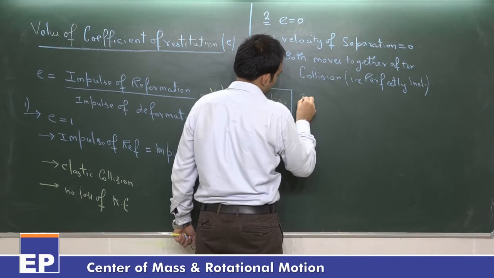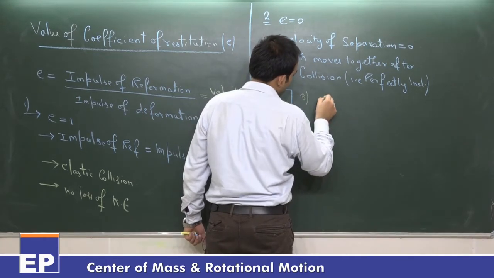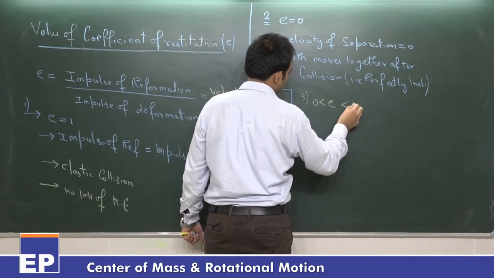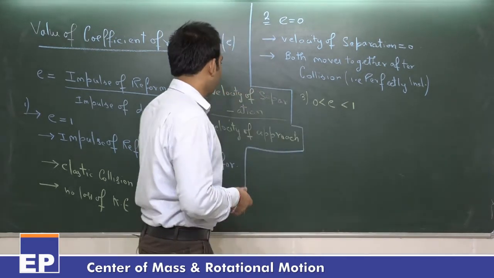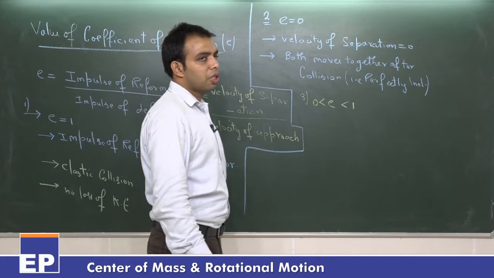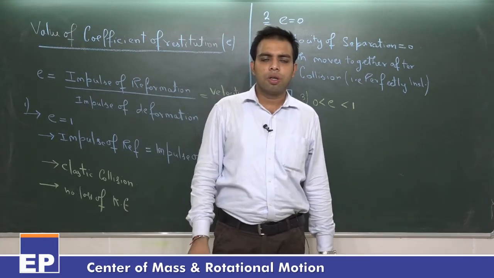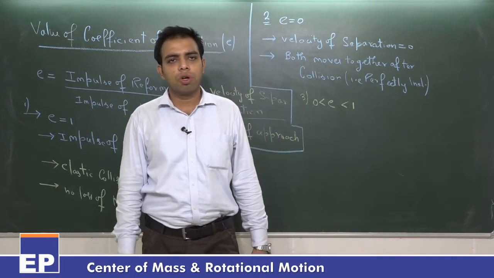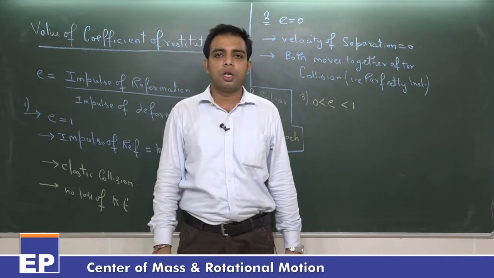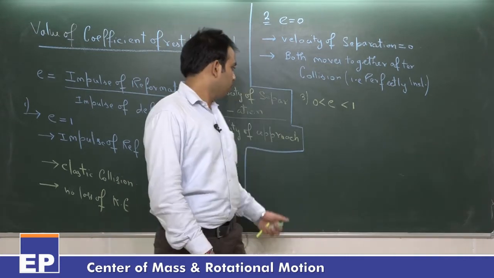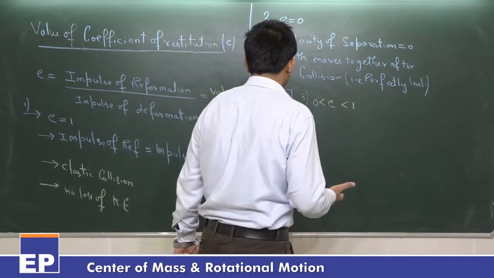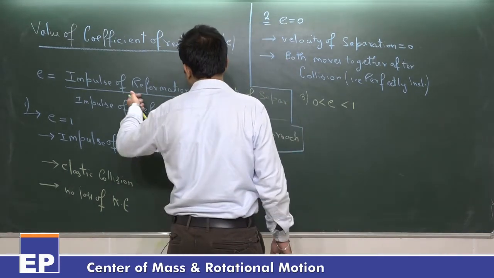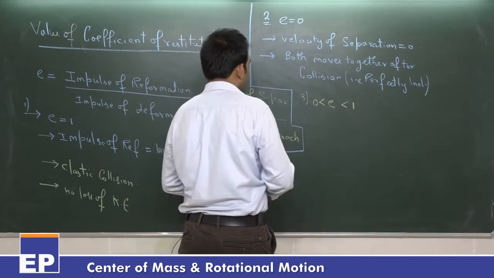Third, if E is greater than 0 and less than 1, then the velocity of separation is less than the velocity of approach. This time the velocity of separation is less, meaning impulse of reformation is less than the impulse of deformation.